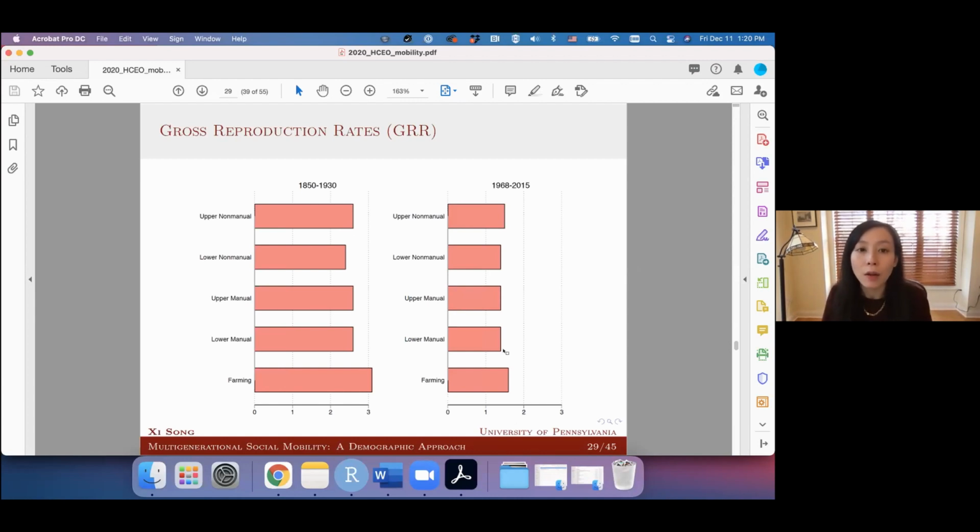Overall, the reproduction rate has dropped dramatically in the United States from the 19th century to the present, but the pattern in terms of the gradients among different occupational classes didn't change that much. For example, farmers used to produce on average 3 sons, but now they only produce about 1.5 sons. So in terms of fertility, we can roughly multiply that by 2.